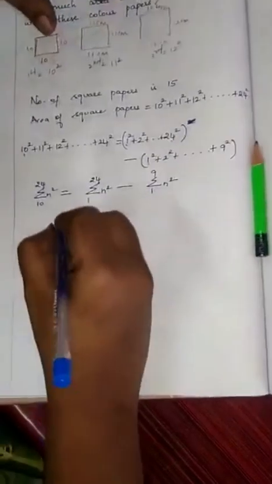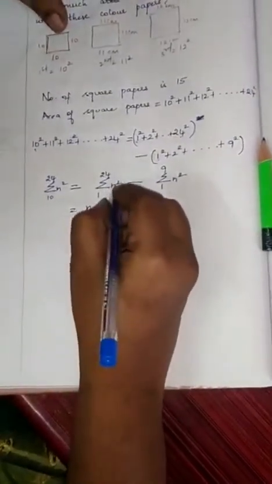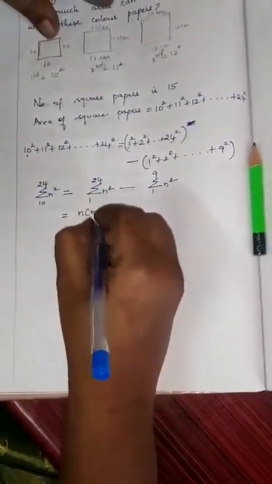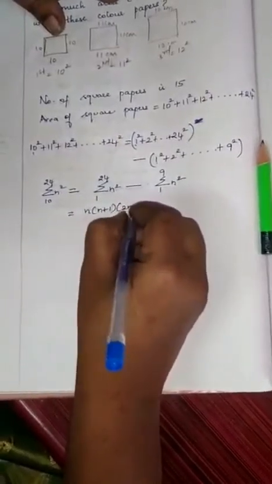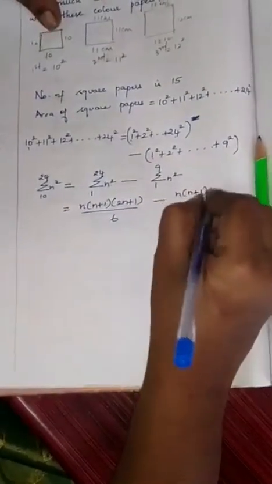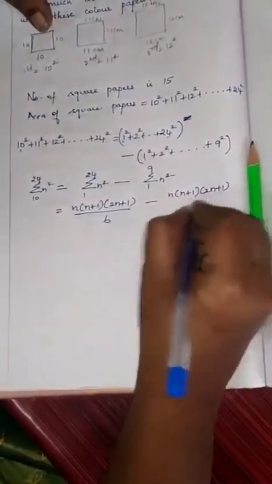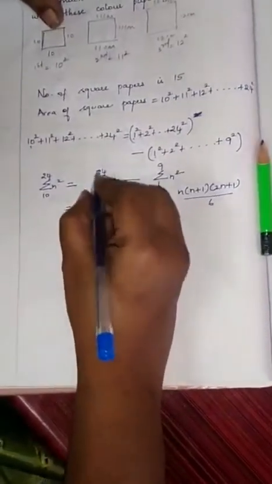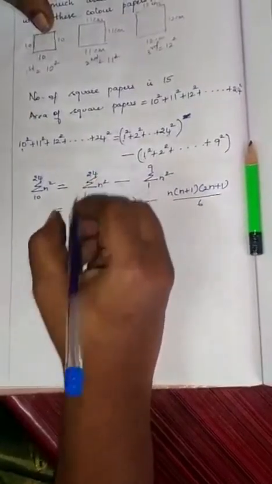Now apply the formula. What formula do you know for n square? n into n plus 1 into 2n plus 1 by 6, minus, again this is also n square. What is the formula? n into n plus 1 into 2n plus 1 by 6. So now apply the n value. What is the n value here? The final value is the n value.